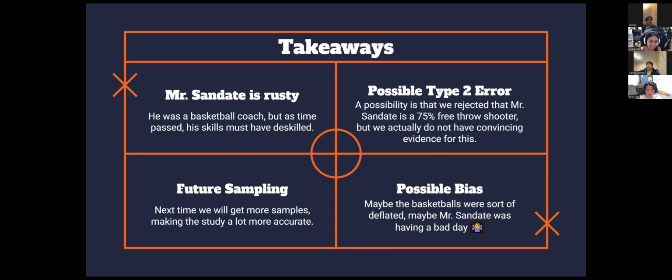There's also a possible type 2 error, which is the possibility that we rejected Mr. Sandate being a 75% free throw shooter, but we actually do not have convincing evidence for this. There's also possible bias. Maybe the basketballs were deflated, or maybe Mr. Sandate was having a bad day.